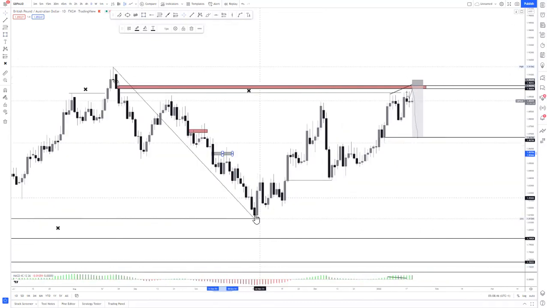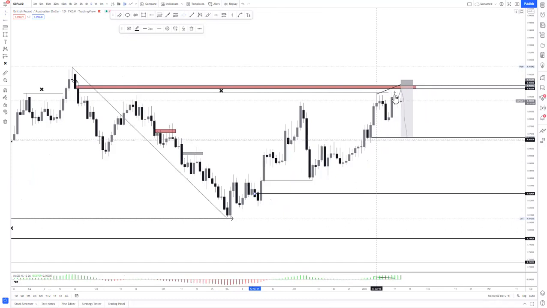Price broke the structure right here and moved upward. We had this open order block that has not been mitigated, so we mark it out, and price is currently here.